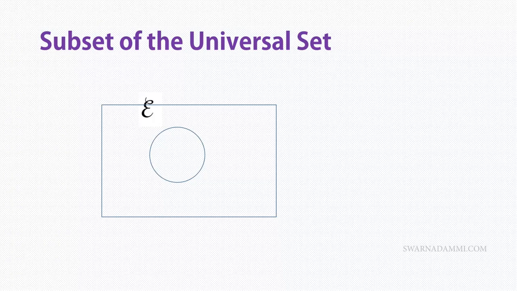If we want to describe a subset of the universal set, it is represented by a circular region within the universal set. Here we have one subset only, and it is represented in the universal set by using a circle.